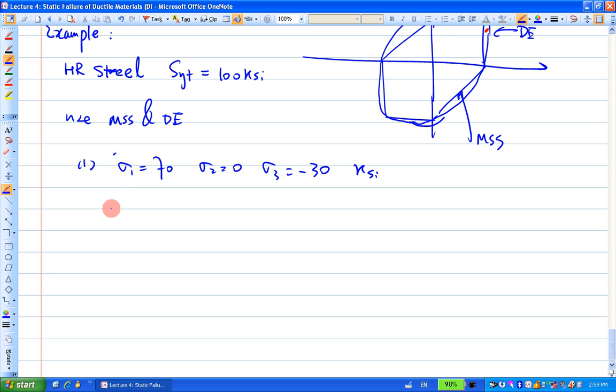First, if I use DE, I need to calculate the von Mises stress. The von Mises stress formula is the big formula there, purely calculation based on sigma 1. You do the calculation and you will find that it's equal to 88.9 KSI.